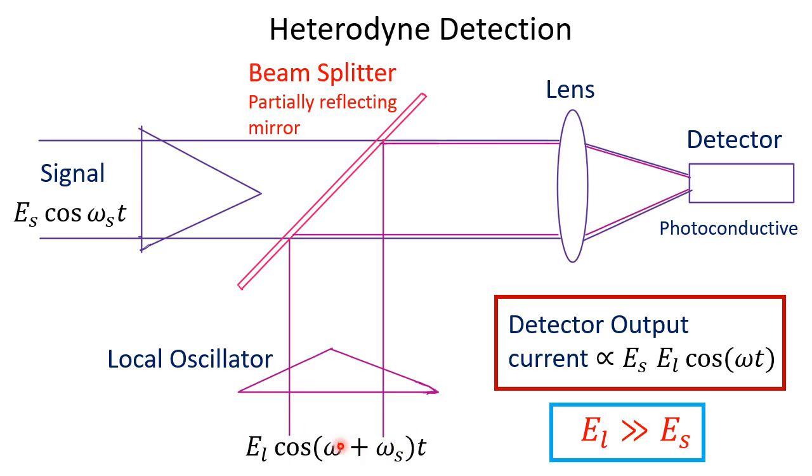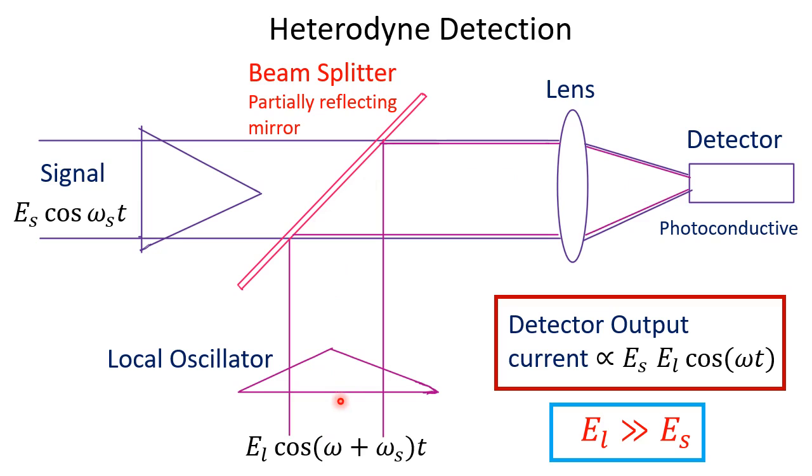Why I'm saying bright is because the amplitude of this electromagnetic wave which I'm impinging is much larger than the typical signal. Signal is weak. So I impinge this, and then what I'm measuring at the detector is actually a collection of both the signal and this local signal which I have put in.